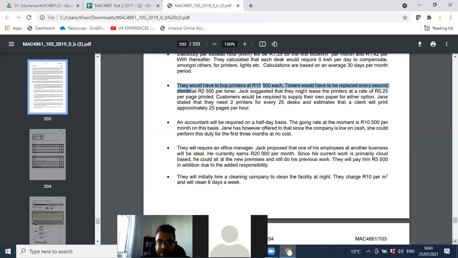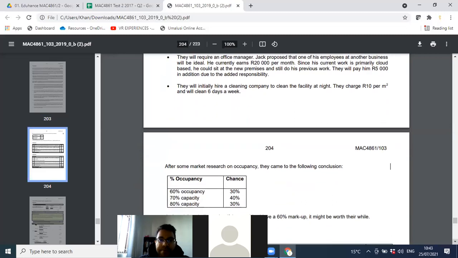And then the last one, I think it's the last thing. We're going to have the cleaning people. They will initially hire a cleaning company to clean the facility at night. They charge 10 Rand per square meter and they will clean 6 days a week.